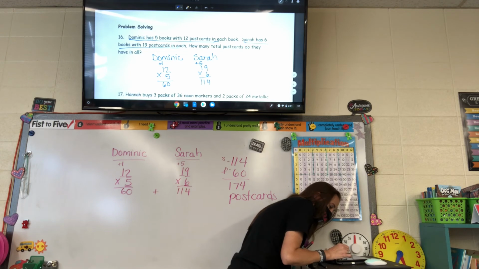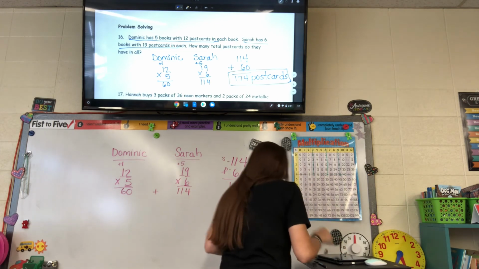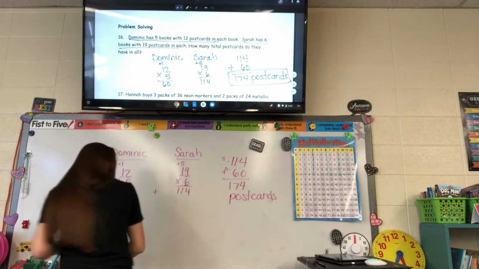Then we add those together, 114 plus 60, and that is 174 postcards. And then we're going to circle that or put a box around it because that's our answer.